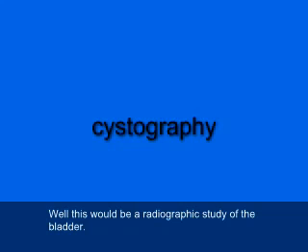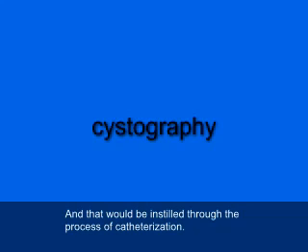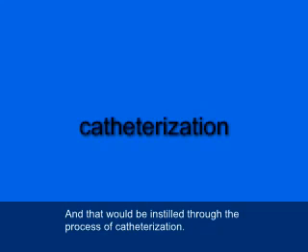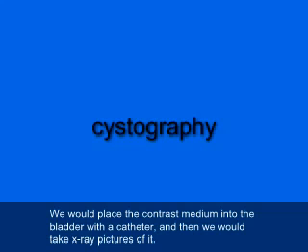Well, this would be a radiographic study of the bladder. And in this case, this study is done with a contrast medium that is instilled into the bladder, through the process of catheterization. So we would place a contrast medium into the bladder with the catheter, and then we would take X-ray pictures of it.